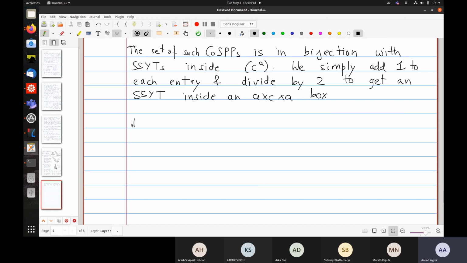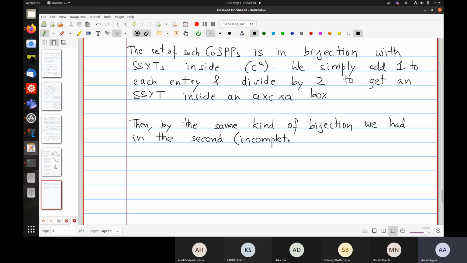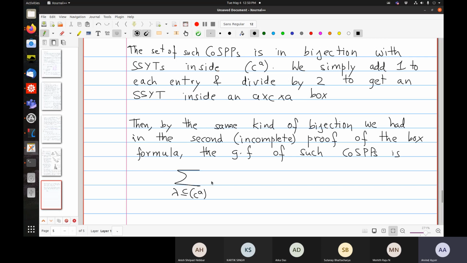Then, by the same kind of bijection, we had in the second proof, or the second incomplete proof, of the box formula, the generating function of such co-SPPs is the sum over all lambda inside C to the A, S lambda of Q to the A, sorry, Q to the 2A minus 1 to QQ.